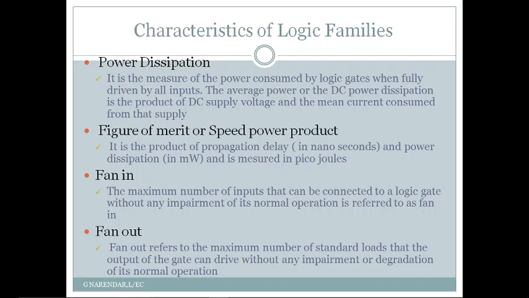This speed power product is obtained by taking the product of the propagation delay in nanoseconds and the power dissipation expressed in milliwatts. The final unit for the measurement of this speed power product is picojoules. And this characteristic will be helpful in choosing a particular logic gate over the other to realize a given digital circuit.